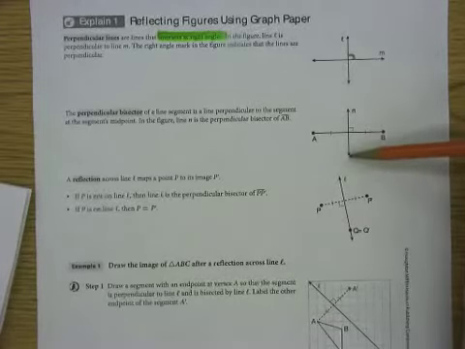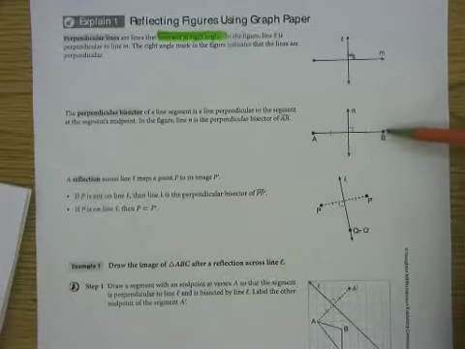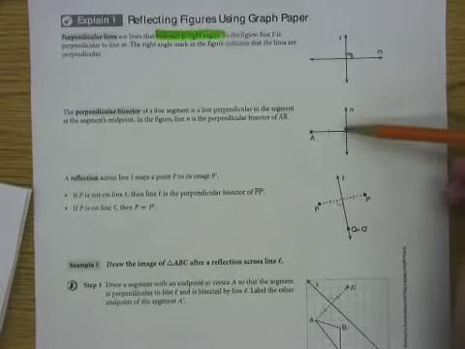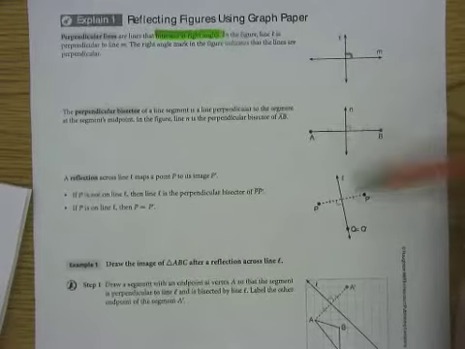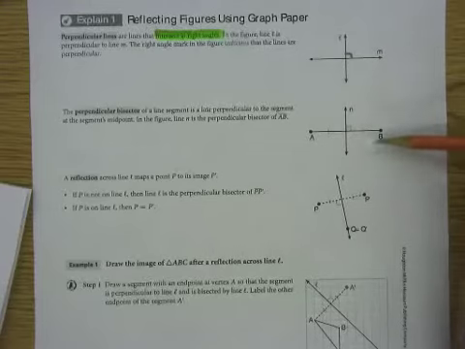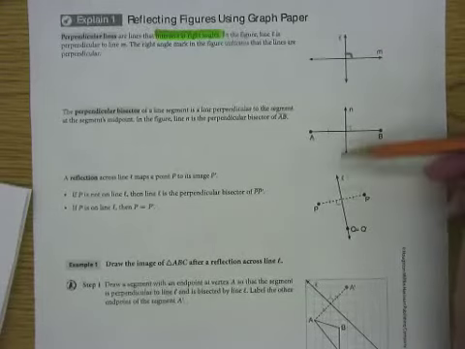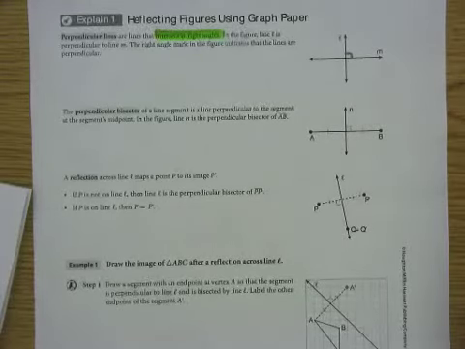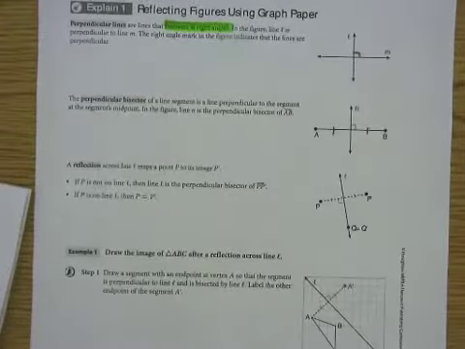The next vocabulary that we're looking at here is a perpendicular bisector of a segment. I know perpendicular now means they're intersecting to form a right angle. And I've mentioned previously that the bisector of a segment passes through the midpoint. So in this particular diagram, because N is dividing segment AB into equal parts, line N is the perpendicular bisector of segment AB.